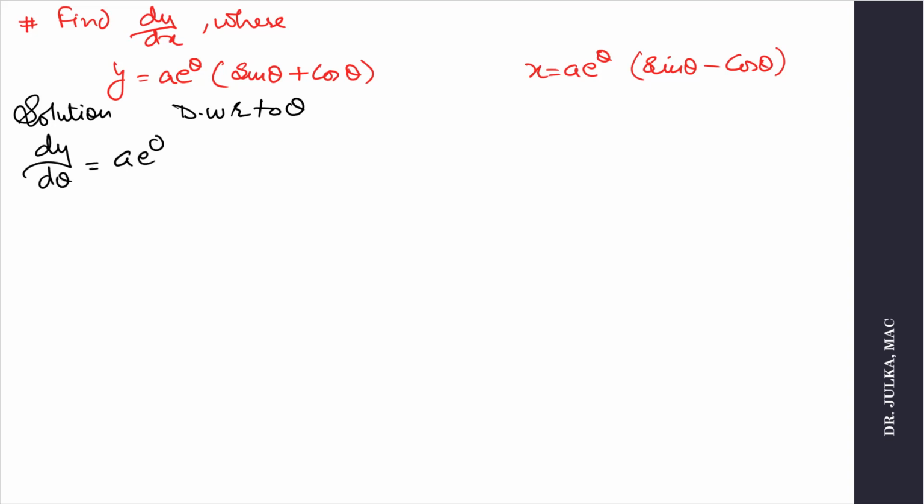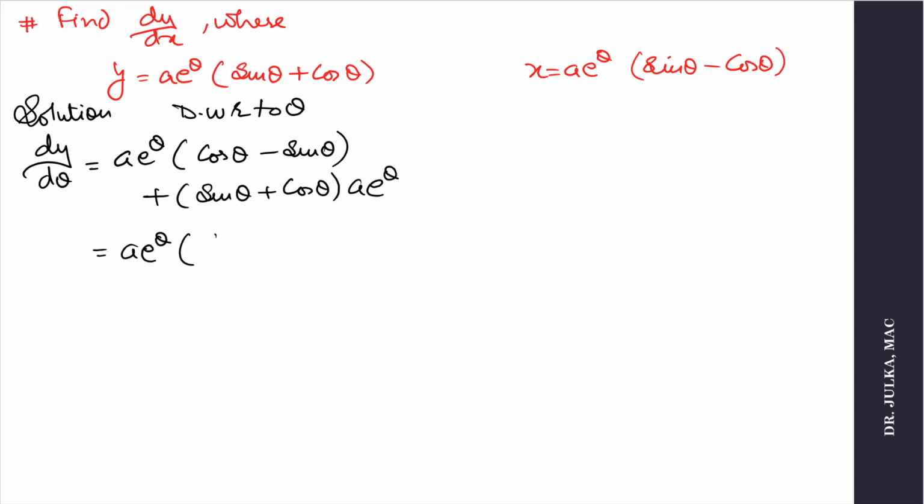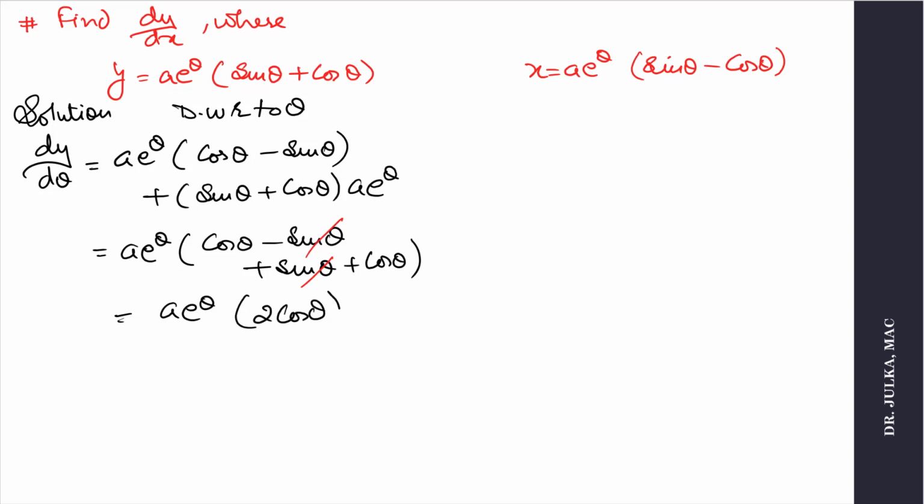So derivative of y, dy by d theta, is a into e raised to the power theta as it is, derivative of sin is cos and the derivative of cos is minus sin, plus second function as it is and the derivative of first is a e raised to the power theta. Take a into e raised to the power theta common and we'll get cos theta minus sin theta plus cos theta, and after simplification we'll get a into e raised to the power theta into 2 cos theta.